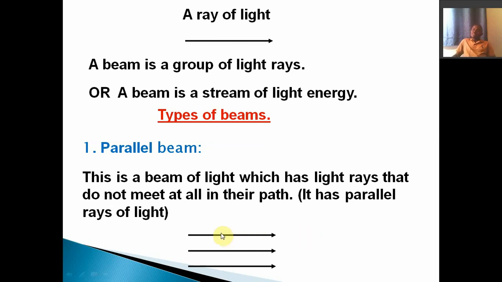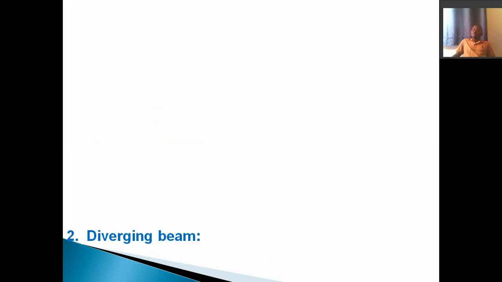Like you can see, this light ray and this light ray, they don't meet. They are parallel to each other. They are equidistant to each other. They don't meet. That's why we call this type of beam the parallel beam of light. Are we together?